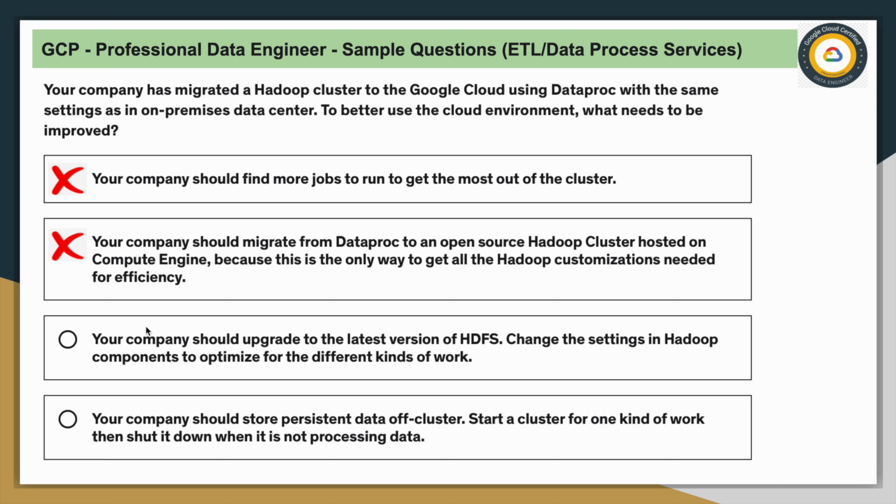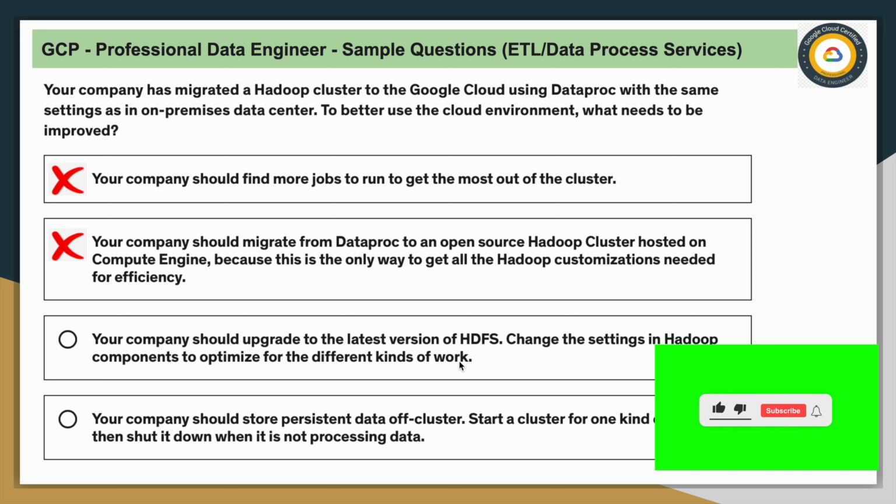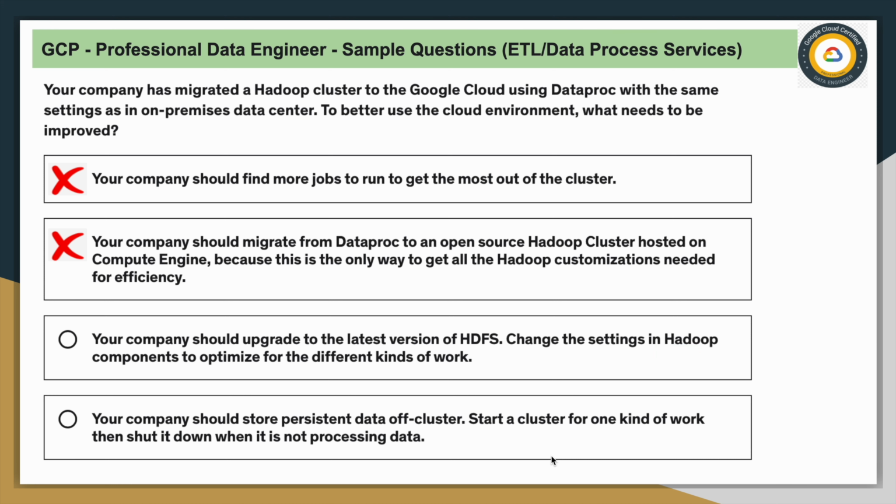Now the third option, your company should upgrade to the latest version of HDFS, change the settings in Hadoop components to optimize for the different kinds of work. I don't think this is a correct option either, because when you move your Hadoop workloads to the Google Cloud Platform, it is usually recommended by Google Cloud Platform to use Google Cloud Storage for storing your data.